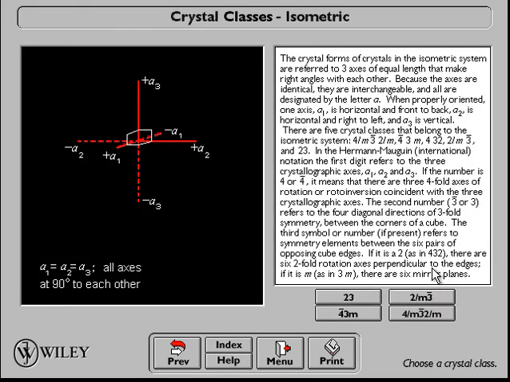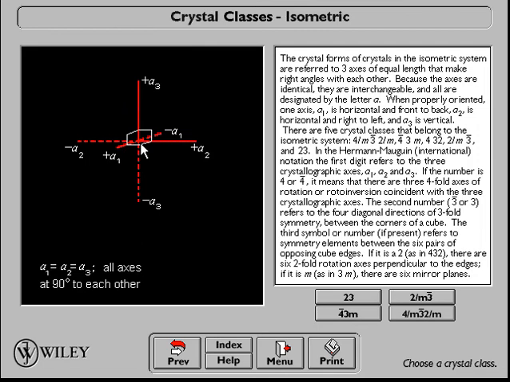So here we have A1 is A2 is A3, all the axes have the same length, and all the angles between all the axes are 90 degrees. The crystal forms of crystals in the isometric system are referred to three axes of equal length that make right angles with each other.